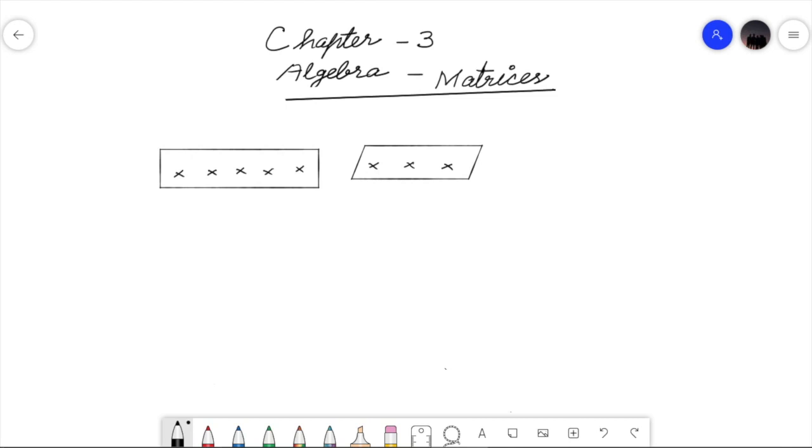The persons sitting here are in the first row, and the persons seated here will be the second row.